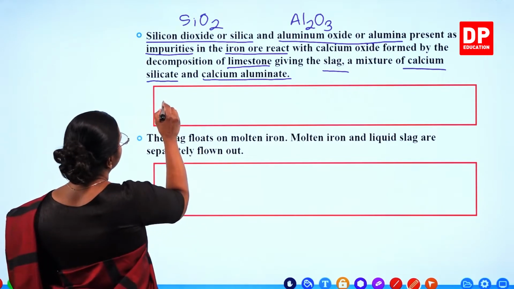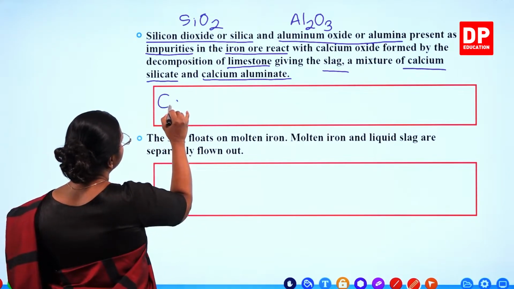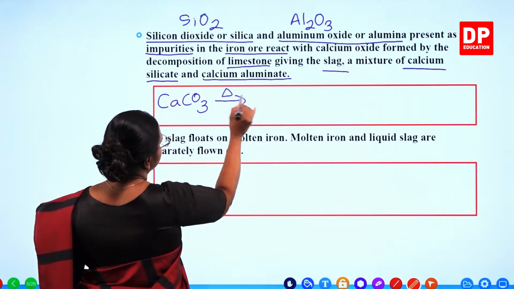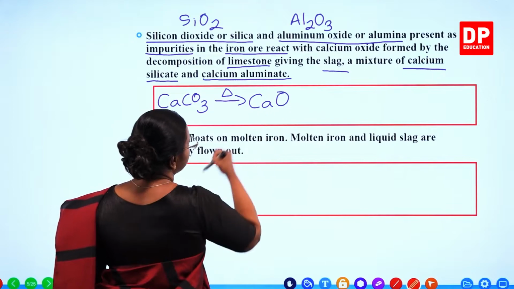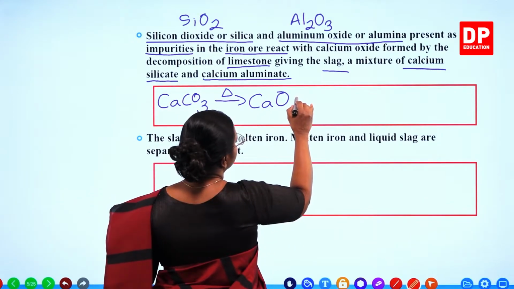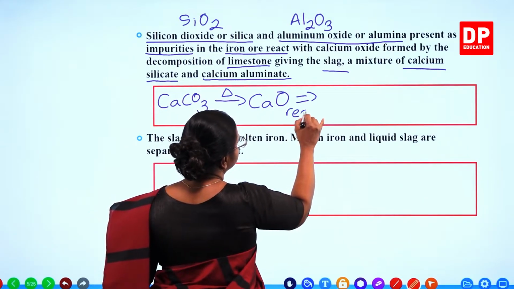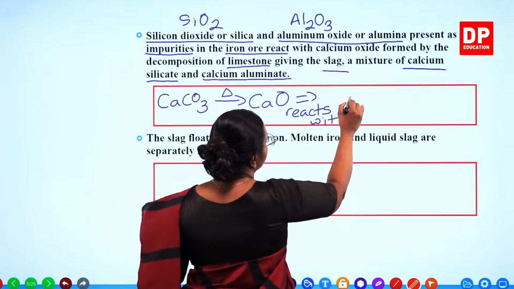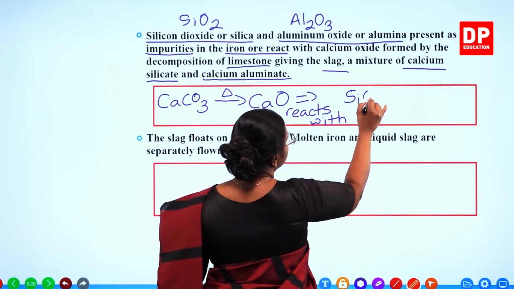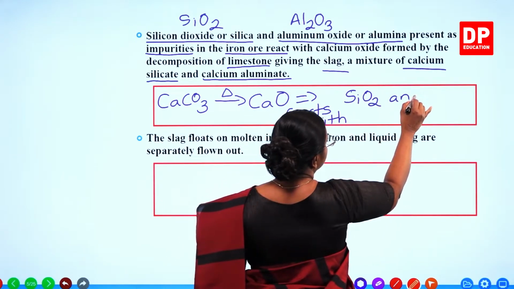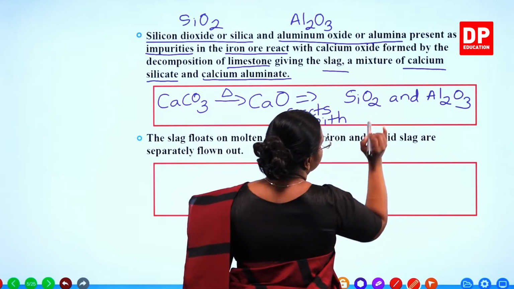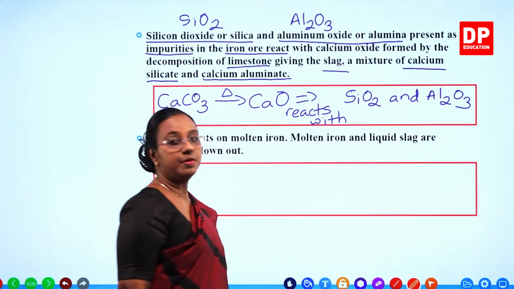So here if I write the reaction, you all know from calcium carbonate, when it decomposes, calcium oxide is formed. This actually reacts with both silica and alumina, silicon dioxide and aluminium oxide.